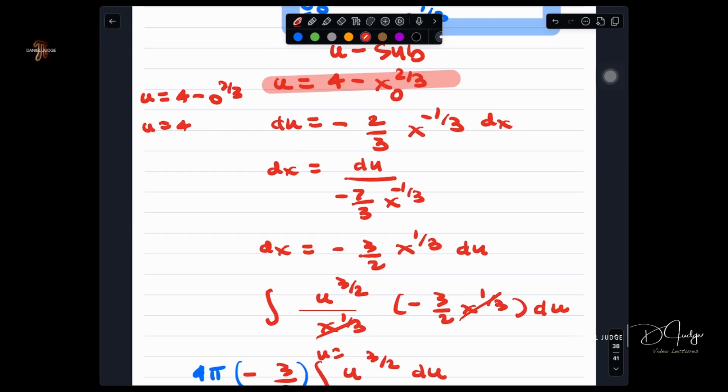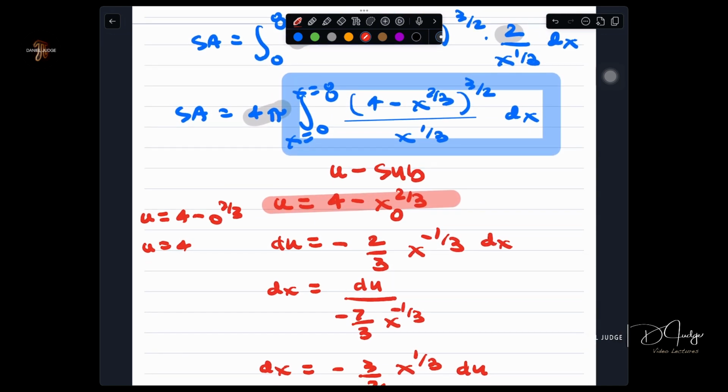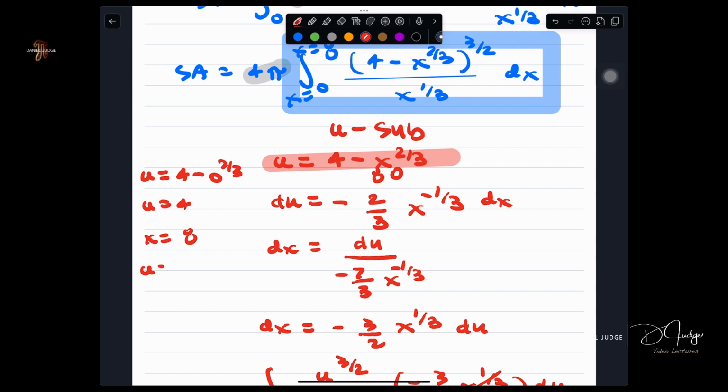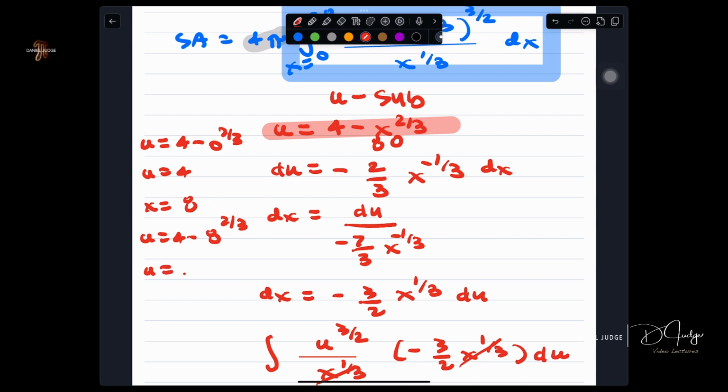So when x is 8, we're going to plug in an 8 for x. u will be 4 minus 8 to the 2/3. Remember, 8 to the 2/3 is 8 to the 1/3 squared, and 8 to the 1/3 is 2, so this is 2 squared.